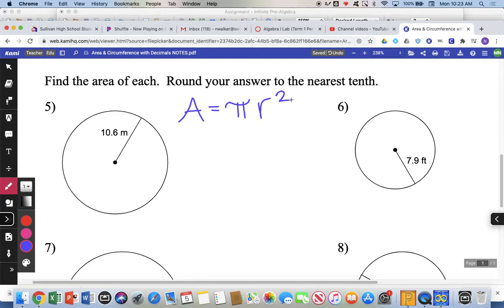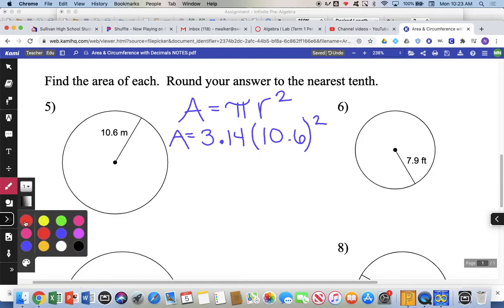All right, so when we plug this in, pi is still 3.14, but what's my radius? 10.6, and we've got to square that. So guys, what do we have to do first? Do we multiply or do exponents first? Exponents. So if we want to know 10.6 squared, what do we type into the calculator? 10.6 times 10.6.